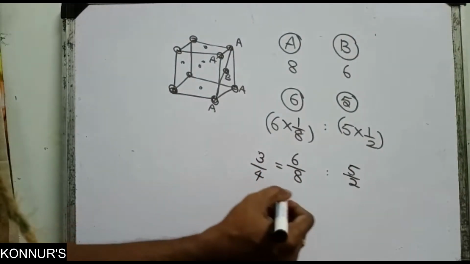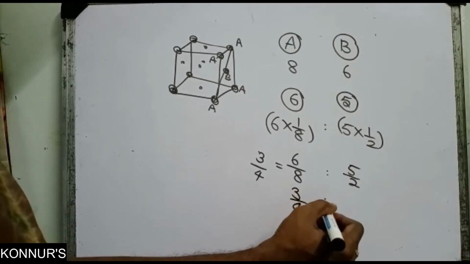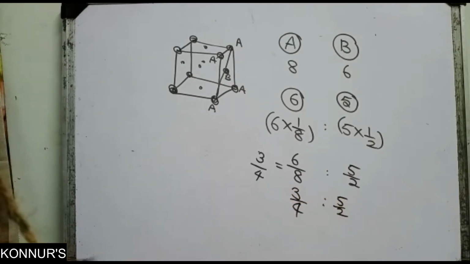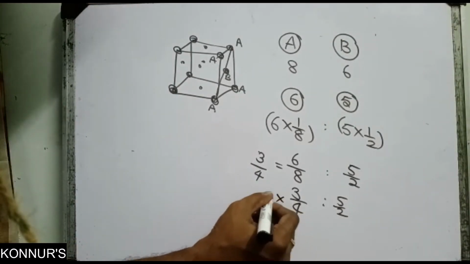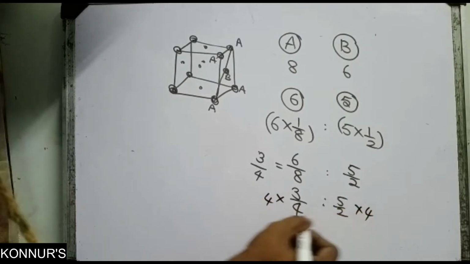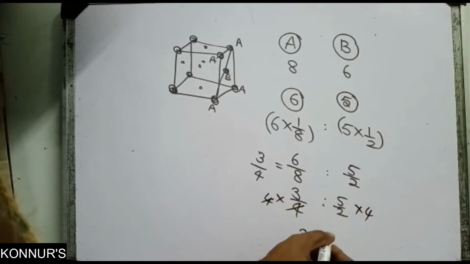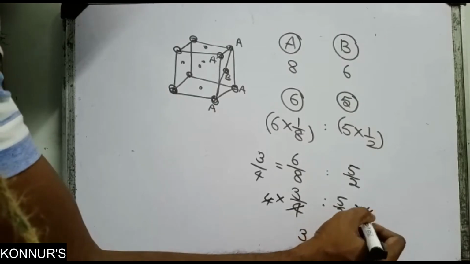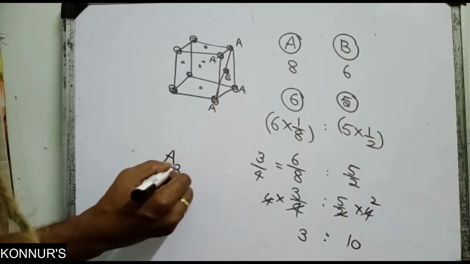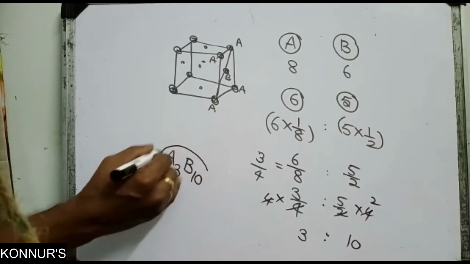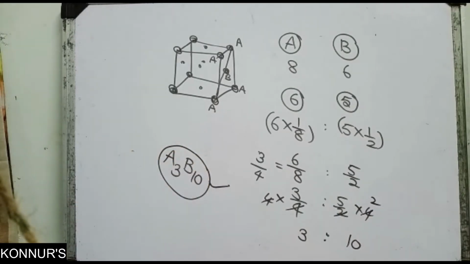Now the ratio is 3 by 4 is to 5 by 2. Now fractional values are converted into whole values, so multiply with 4. Multiplied with 4, the 4 cancels. So you get 3 is to 10. So what is the formula? A3B10. Many problems in entrance compulsory questions are like this.